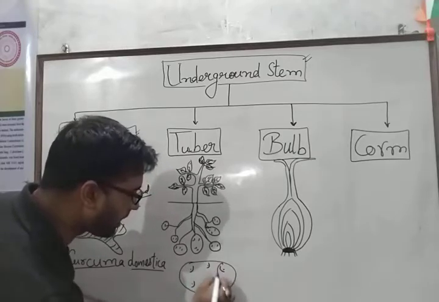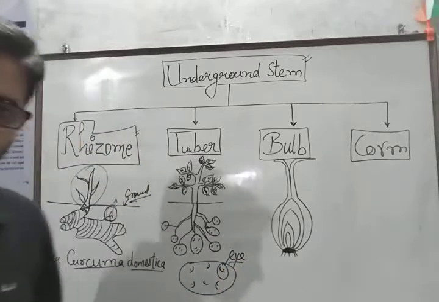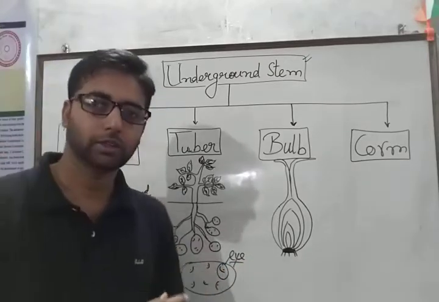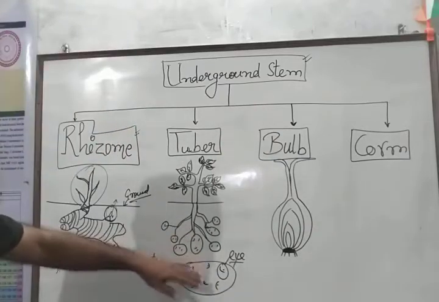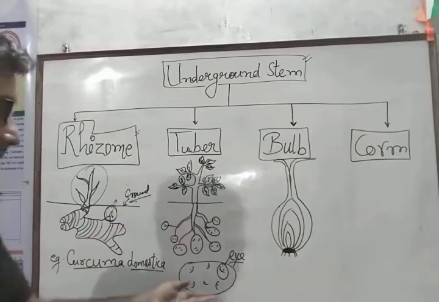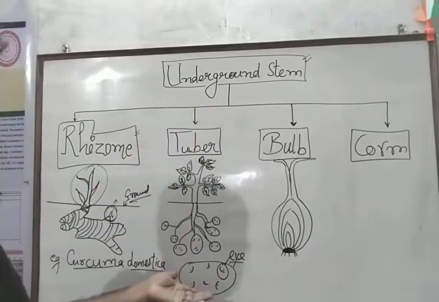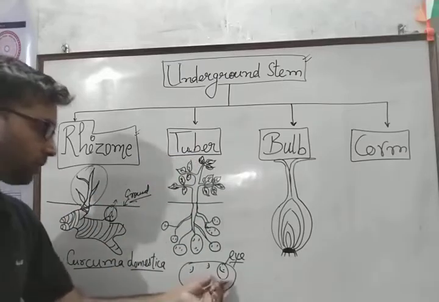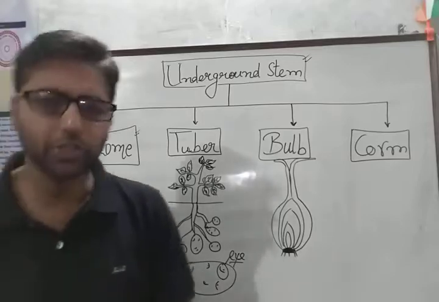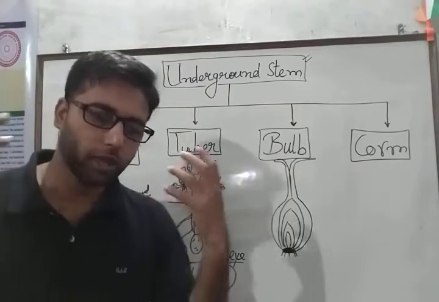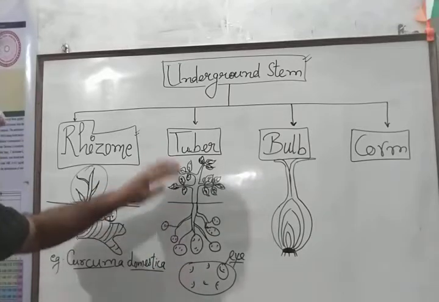Simply these are called eyes, the eyes of the potato. Whenever you cut and sow it in the soil, it becomes a complete plant, and that's why this is called vegetative propagation by the tuber method. So one eye is sufficient to grow a complete plant and hence form many potatoes inside.